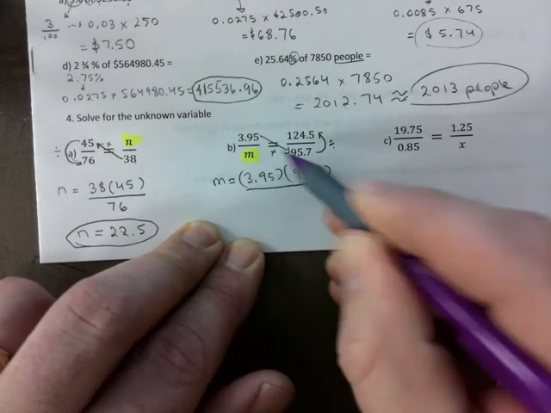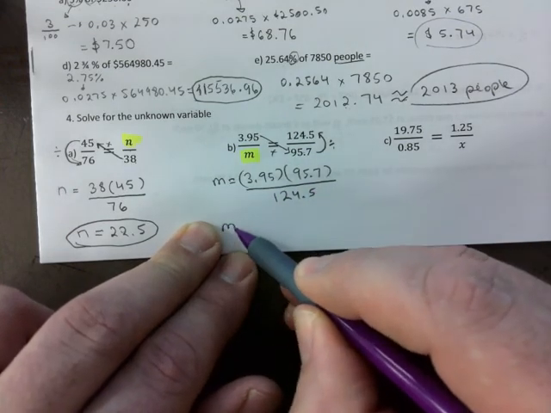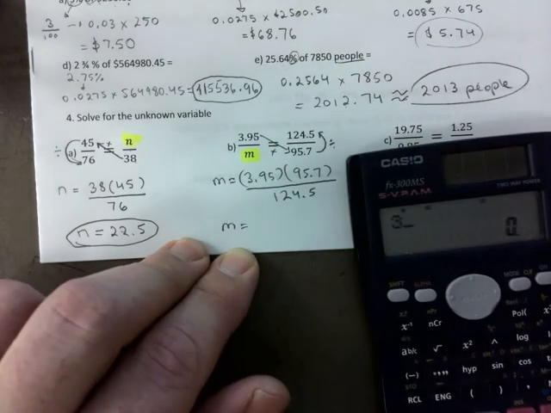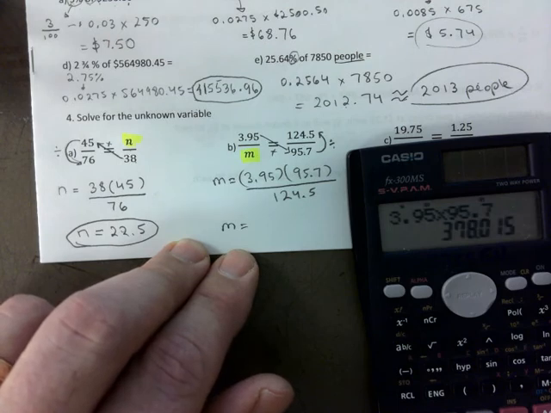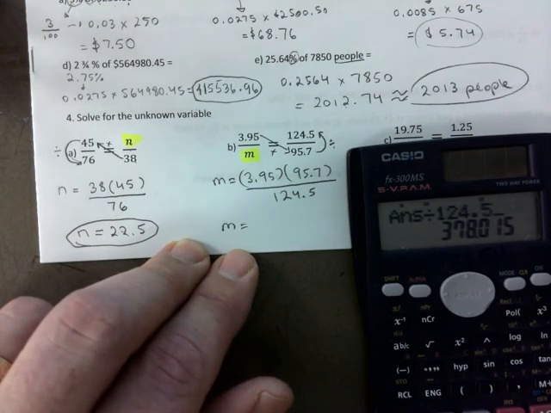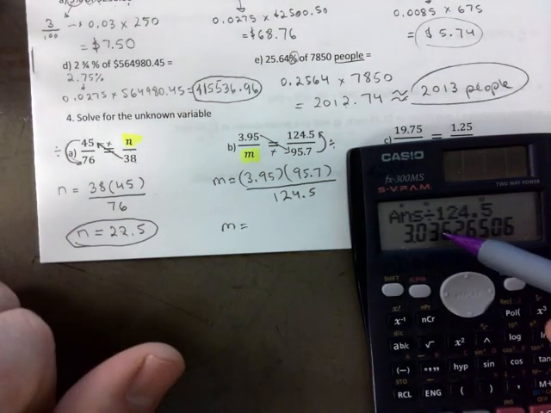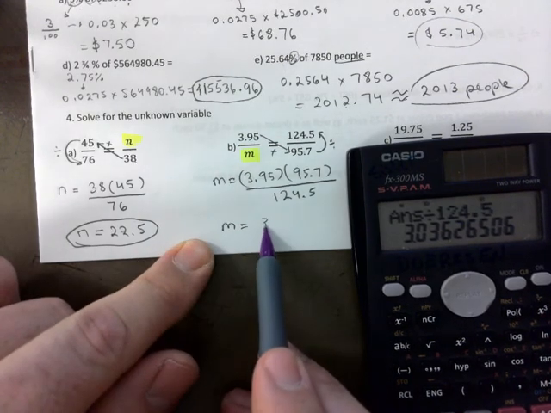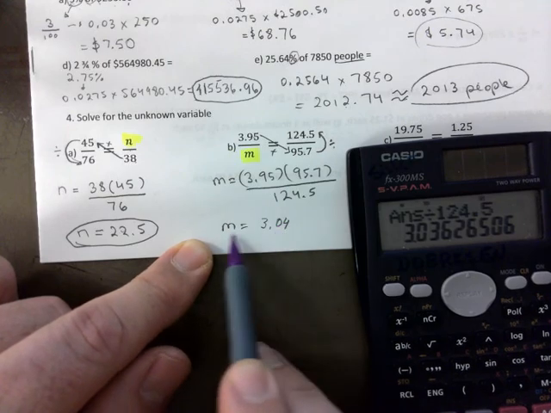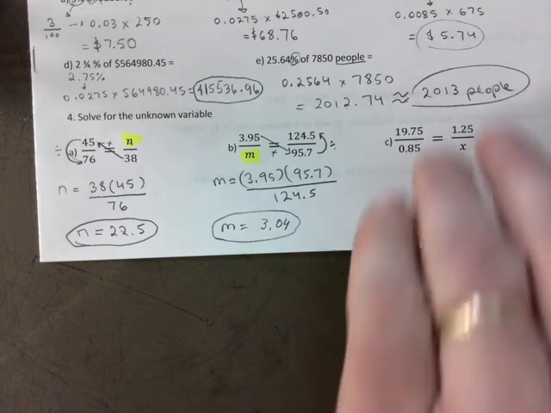As long as you have those two multiplying, then you divide by what's on top. So you multiply the tops, then you go divide it by 124.5, and that's 3.04, right? If I round my final answer to 2 decimals, it's 3.04. That is the answer. Try that last one on your own. Are there more in the backside? I'm not sure. Yes, so try those on your own.